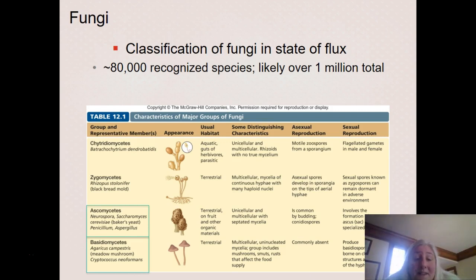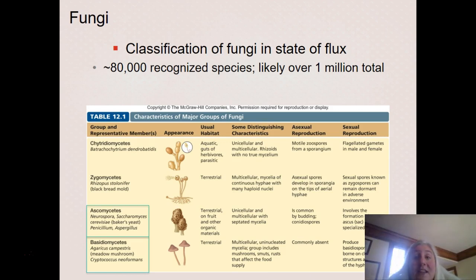The two major groups that we tend to look at are among four of the most important groups of fungi. Ascomycetes is a really important group because these are the organisms that include Saccharomyces cerevisiae, which we use in producing alcohols and breads, and Penicillium, which we use to produce penicillin.